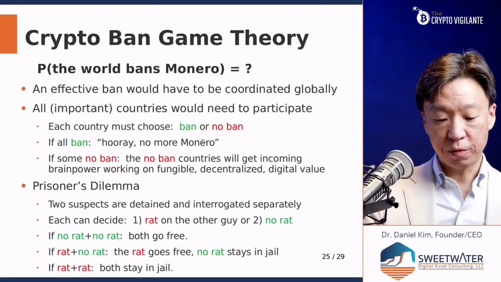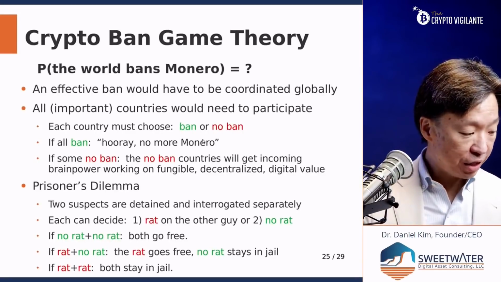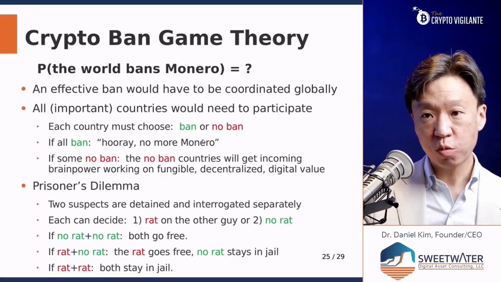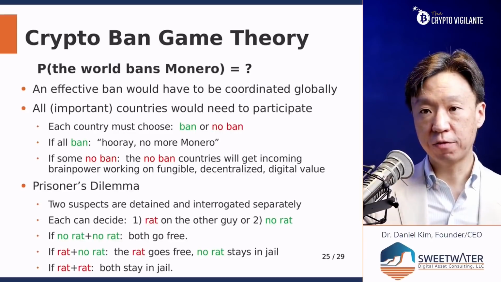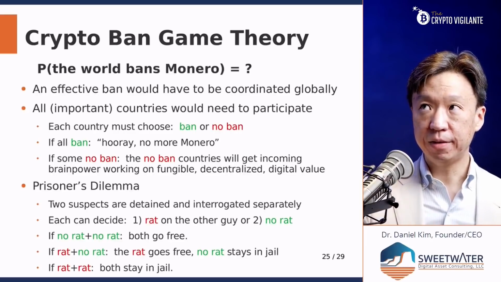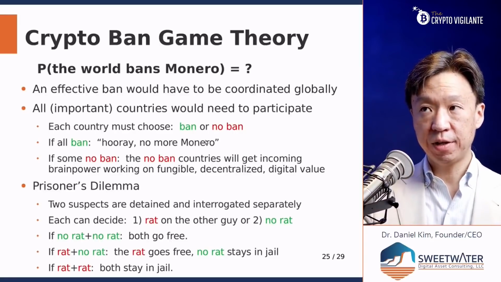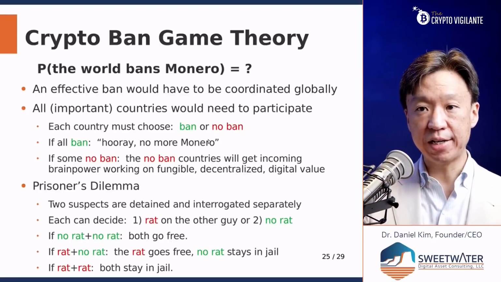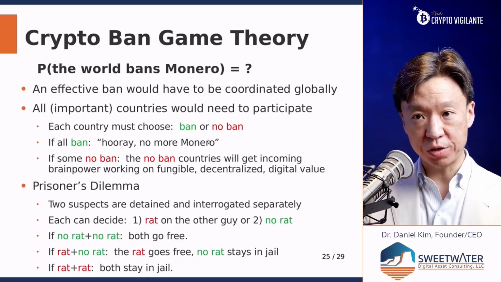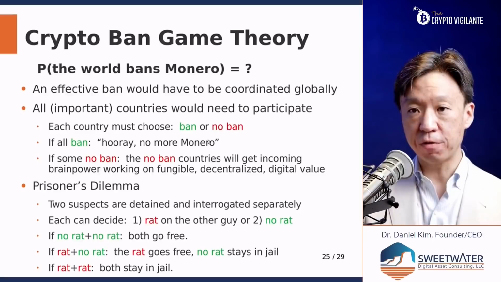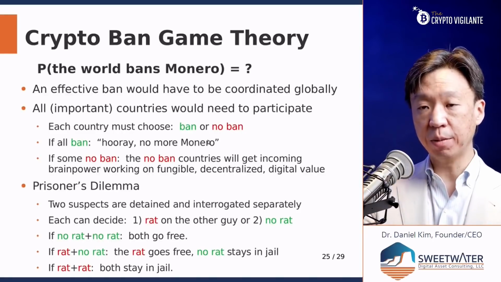As an example for this, I would like to talk about something I saw in the chat earlier. What's the probability that the whole world bans Monero? Now, we saw an interesting talk from Justin earlier that had kind of a takeaway message that it's not obvious that a given country, for example, the United States, will want to ban Monero from centralized exchanges, because then it's going to lose a bunch of information that it would have otherwise been able to access by being able to regulate that exchange.